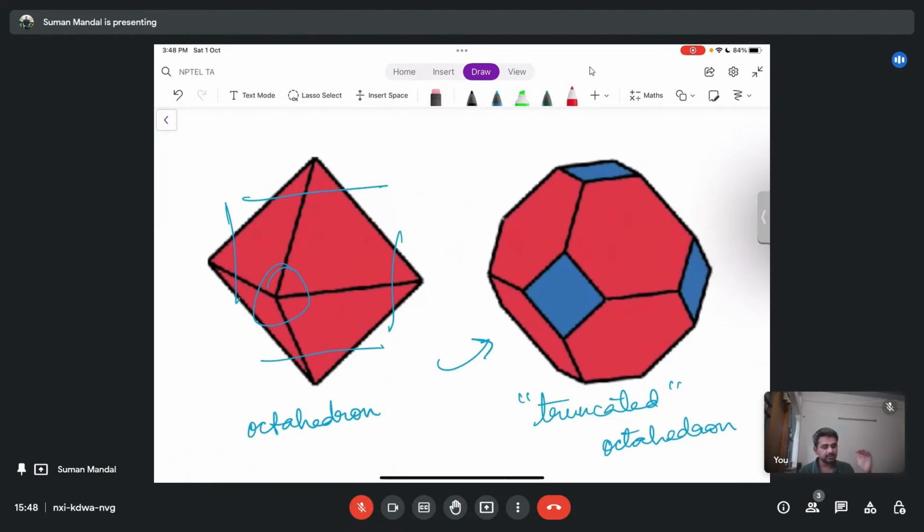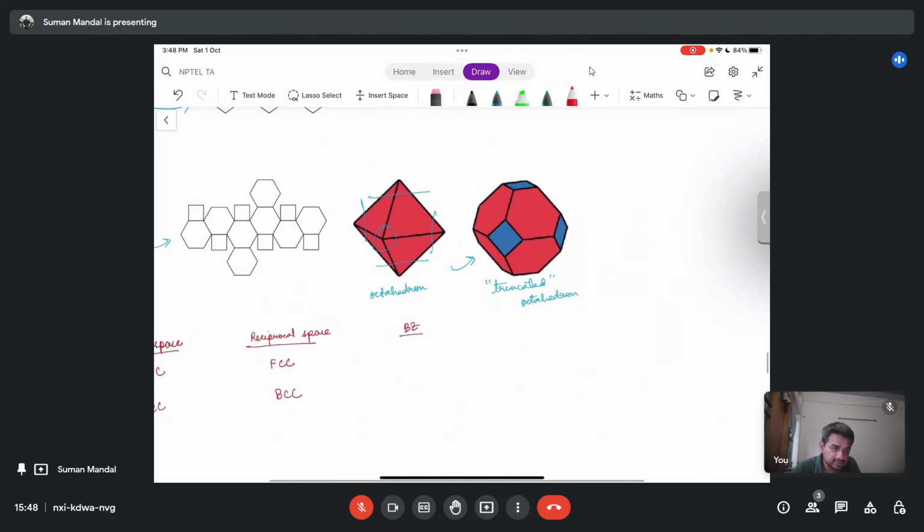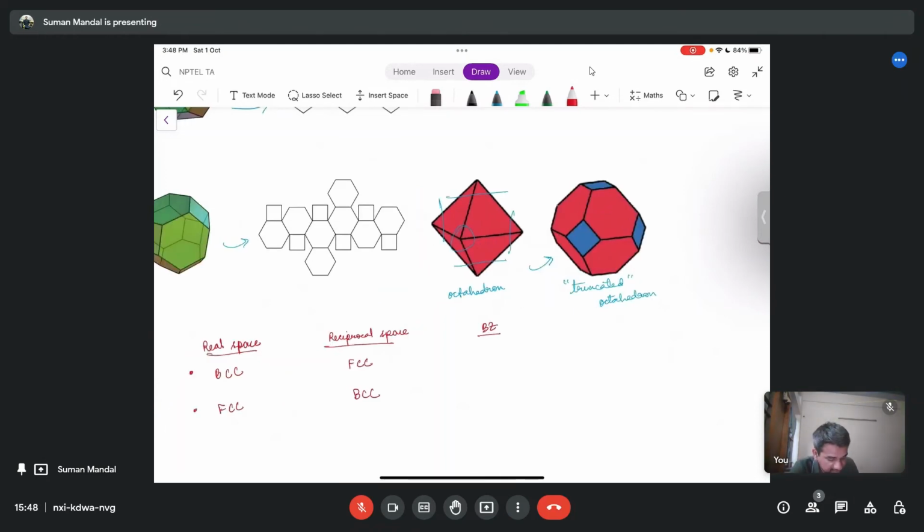These blue lines are the Bragg planes corresponding to the unit cells located adjacent to each other with the faces touching. These are, in the reciprocal space, the Bragg planes between the two body centers. So in the reciprocal space, you will have the Brillouin zone, which looks like a truncated octahedron.